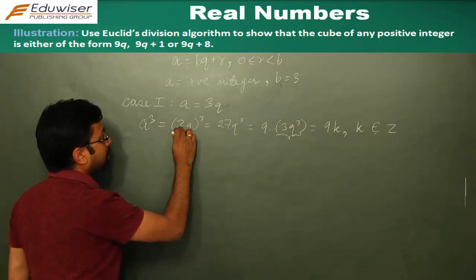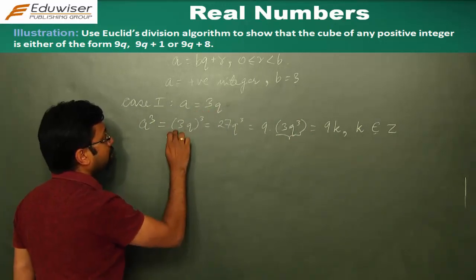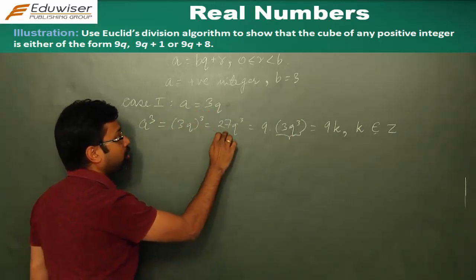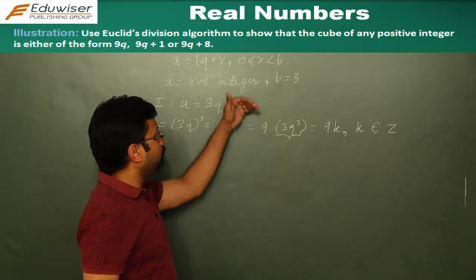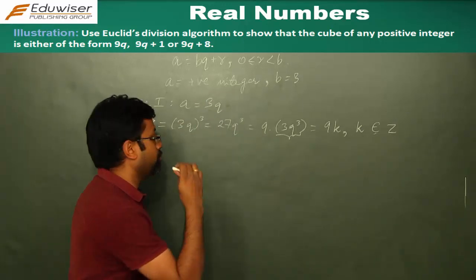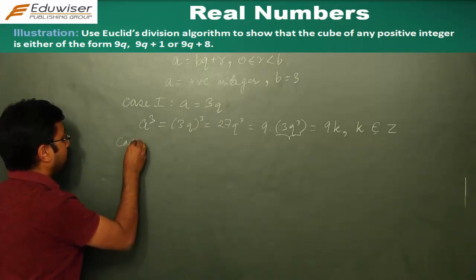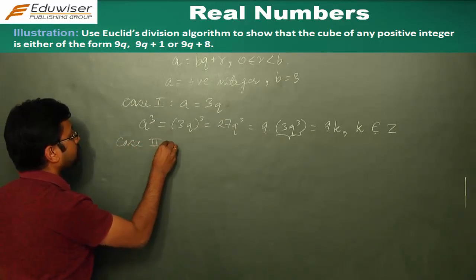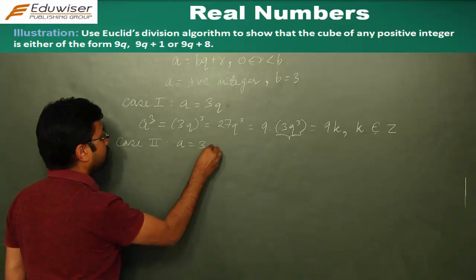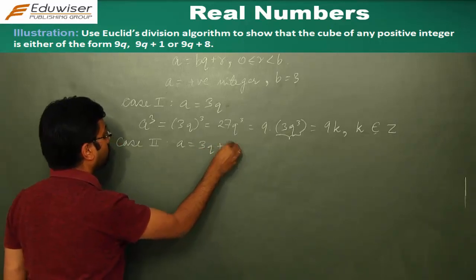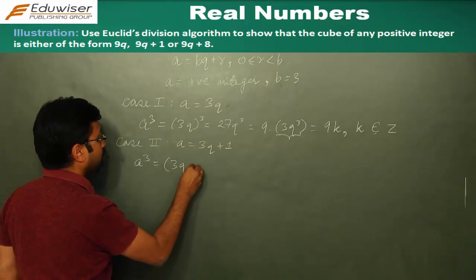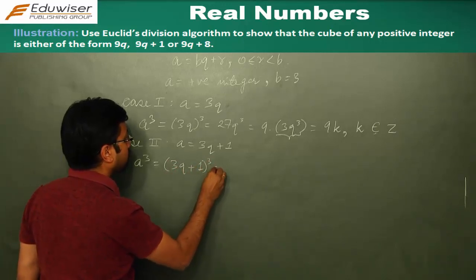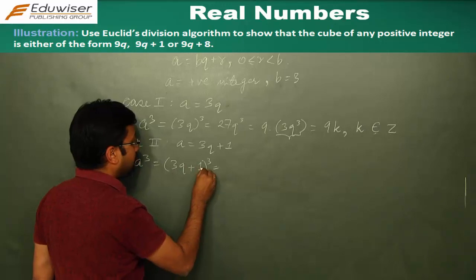Here you can understand why we took b as 3. Because when we have 3 and we do the cube, the factor of 9 comes by itself. Hence, we do not need to create 9 cases to find it out. Now, case 2 would be a is equal to 3q plus 1. So you have a cube is equal to 3q plus 1 whole cube. That's a plus b whole cube.